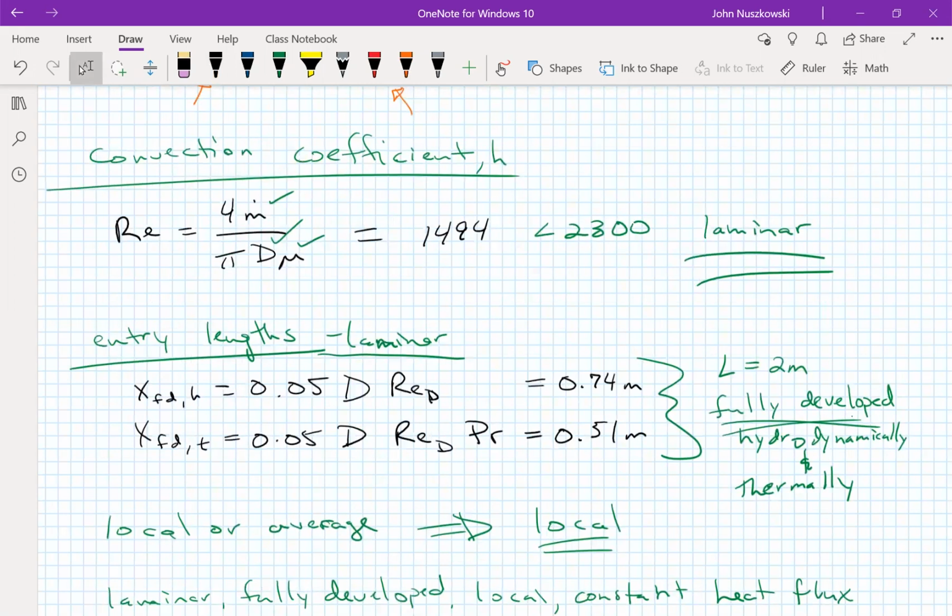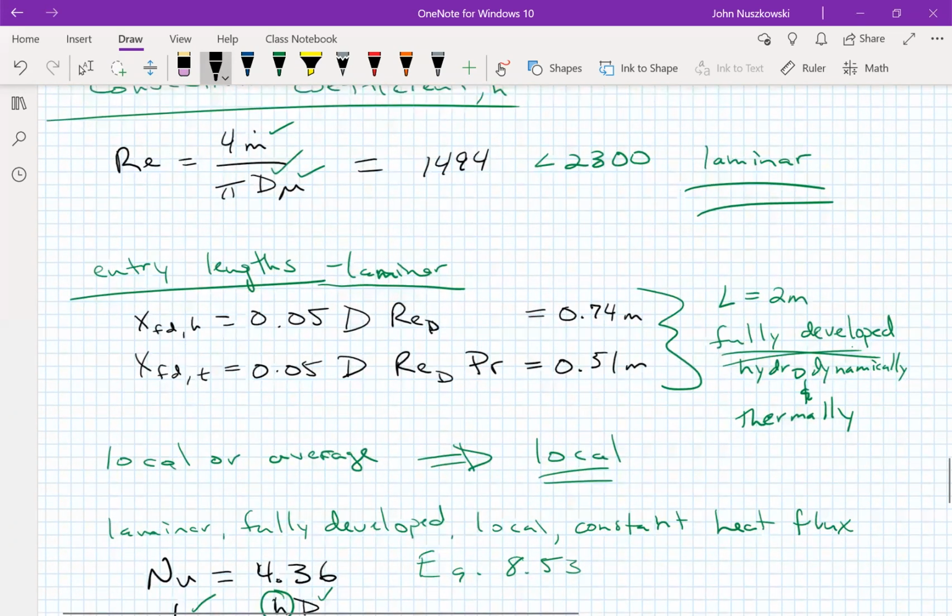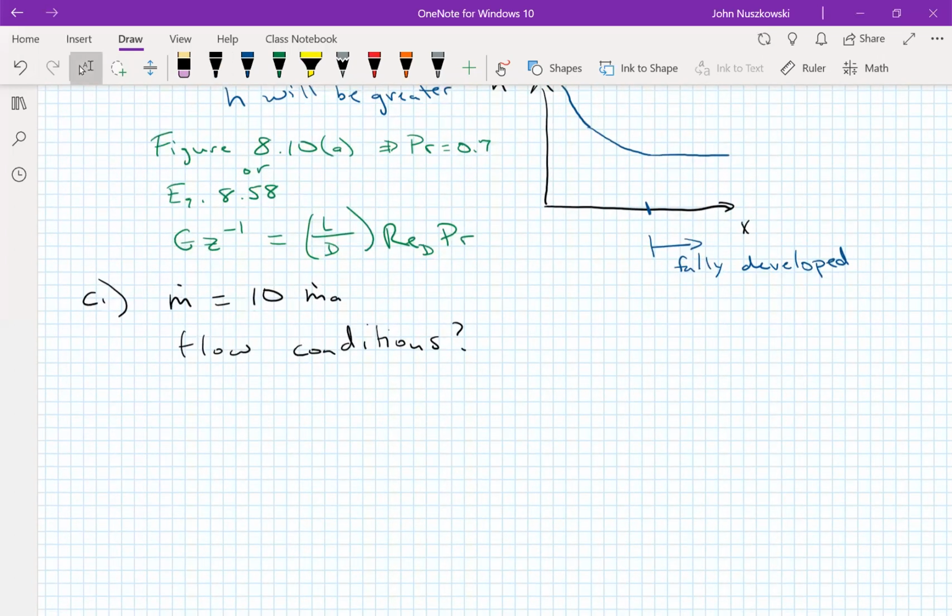What happens if the mass flow rate is 10 times the original mass flow rate? Becomes turbulent. Yeah, so now we have a 15,000 Reynolds number. Okay, so we're turbulent now.